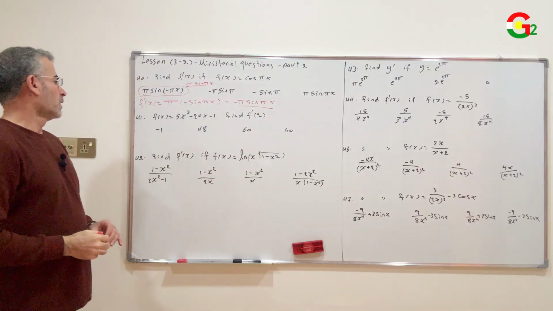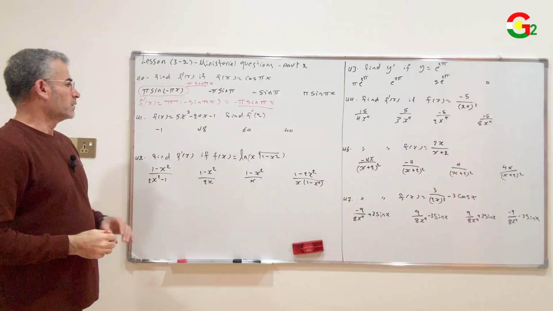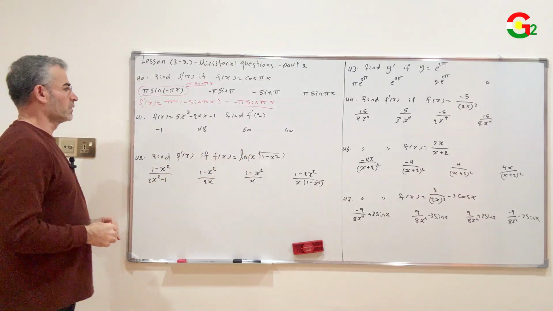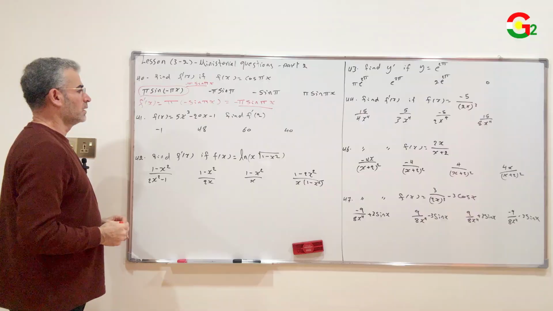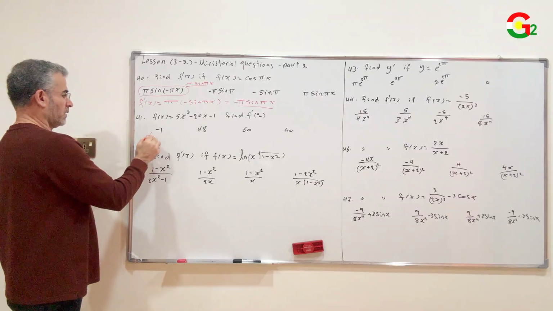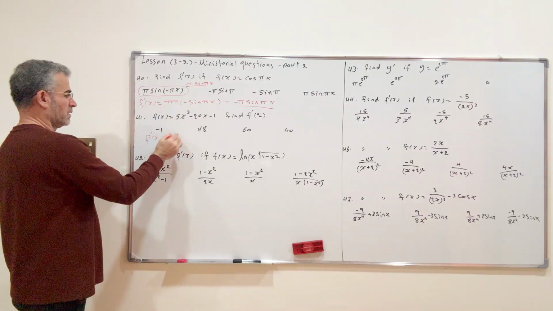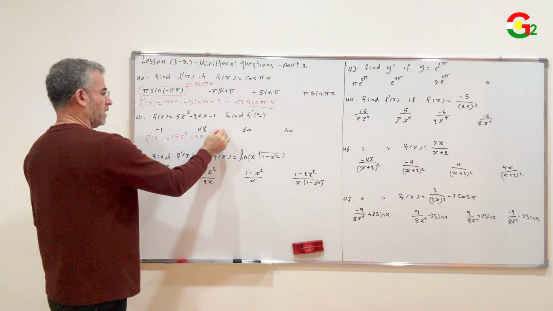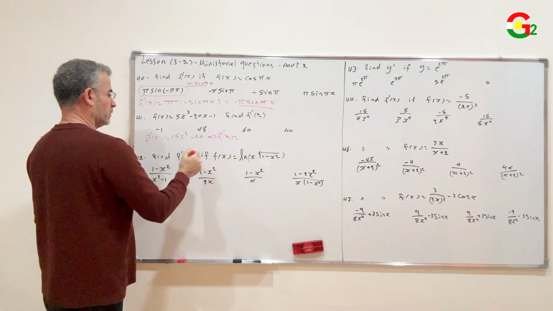Question number 41. Find f prime of 2 if f of x equals 5x to the power 3 minus 20x minus 1. Find the derivative of the function first, 15x squared minus 20. Then find the derivative at 2.